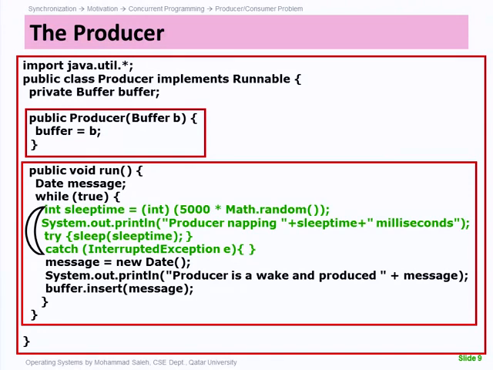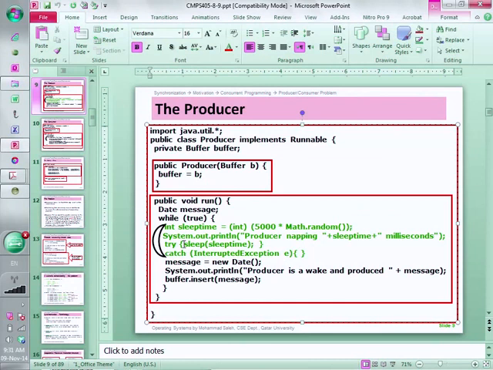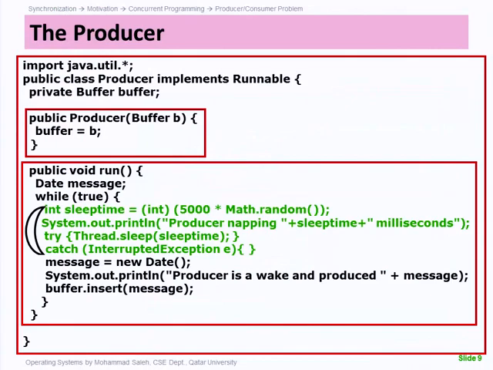The actual sleep should be done by using what? Sleep. So we have to do that by calling sleep, and the way we call it is Thread.sleep, which implements the sleeping for that random amount of time.